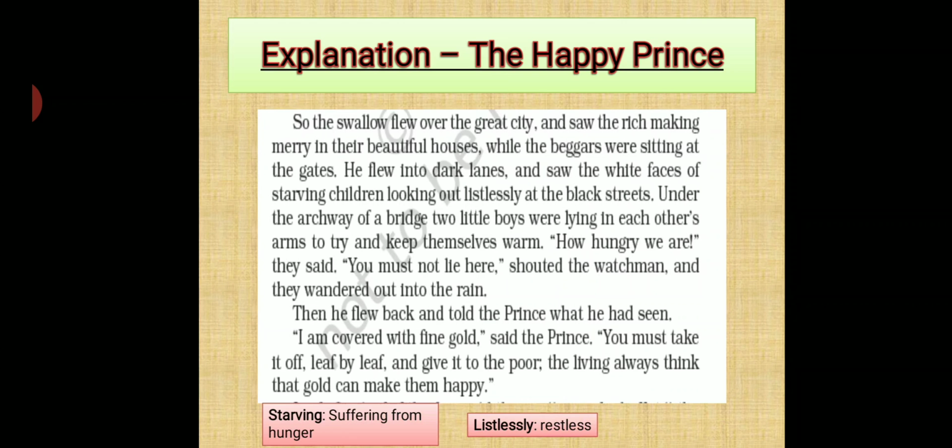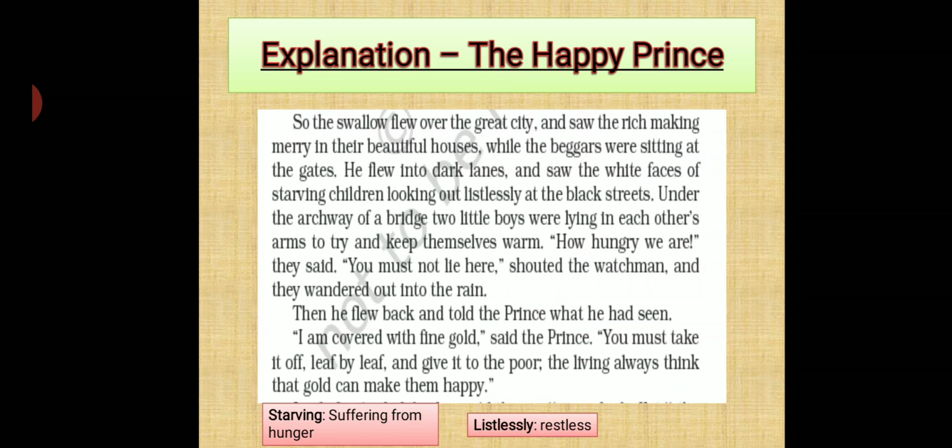They were lying much close to each other so that they kept themselves warm. They were so poor they did not have food, so they were lying to keep each other warm. How hungry we are, they said. You must not lie here, shouted the watchman, and they wandered out into the rain.